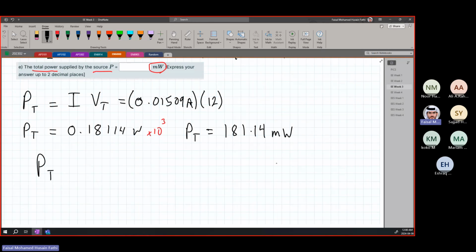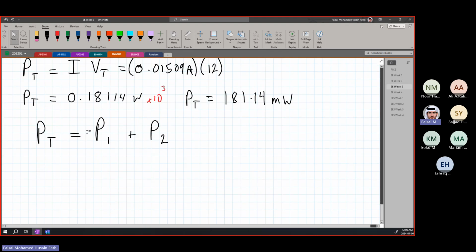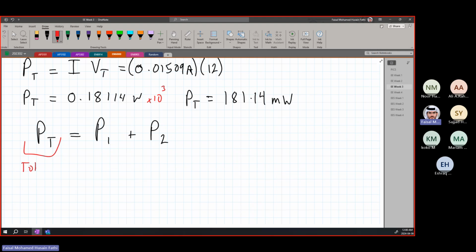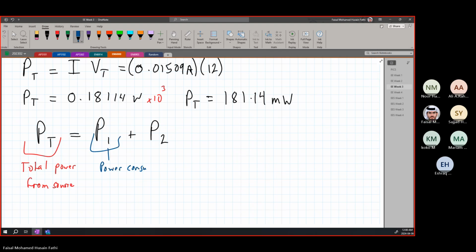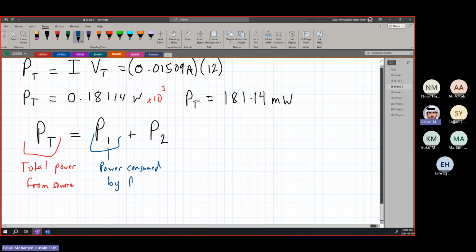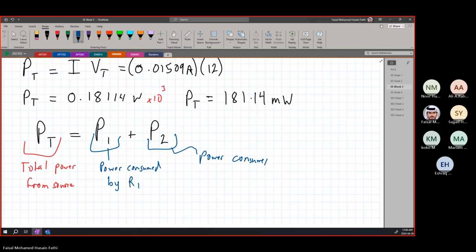So note that P total is always going to be equal to power 1 plus power 2, meaning total power from the source is equal to power consumed by resistor 1 plus power consumed by resistor 2.